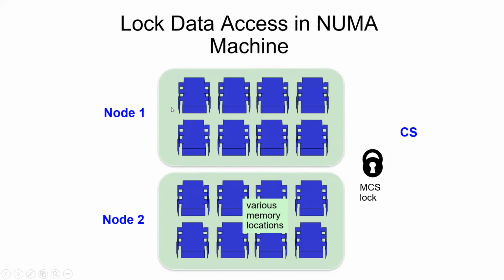Now, whenever a node 1 thread is accessing, the contents will be stored in the cache memory. But whenever the other threads want to access, the cache will be replaced with those threads' information. And one more thing: when the node 1 thread releases the lock and the lock is passed to node 2, node 2 will acquire the lock and it will come back.